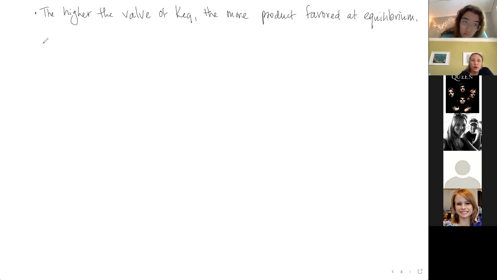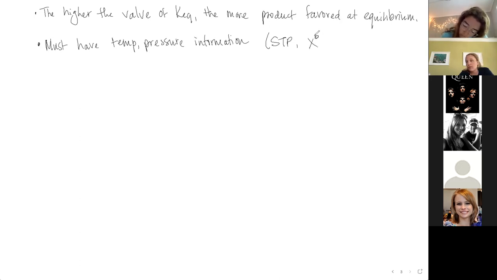It's also important to know for KEQ values and chemical equations in general, you must have temperature and pressure information. And if you are at standard temperature and pressure, a lot of times this is denoted by a superscript of naught.